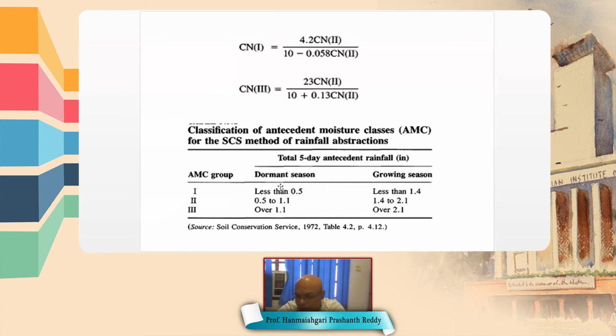Generally, the dormant season is considered as like in December, or where the climate is very cold, or the climate is very dry. I mean, the climate is very hot. Those are dormant seasons. So in between, when the temperature is moderate, that represents growing season.